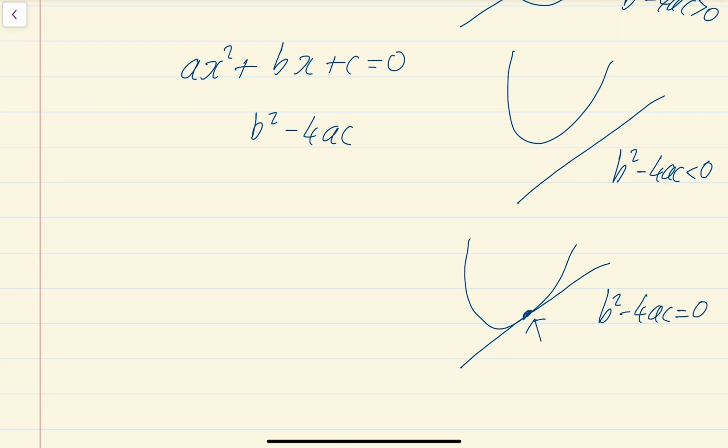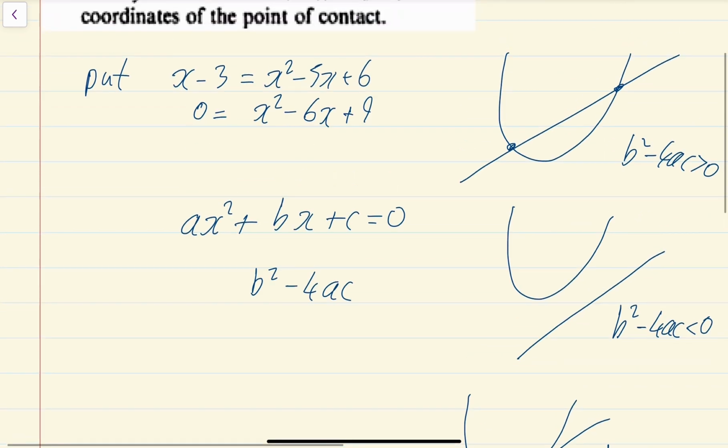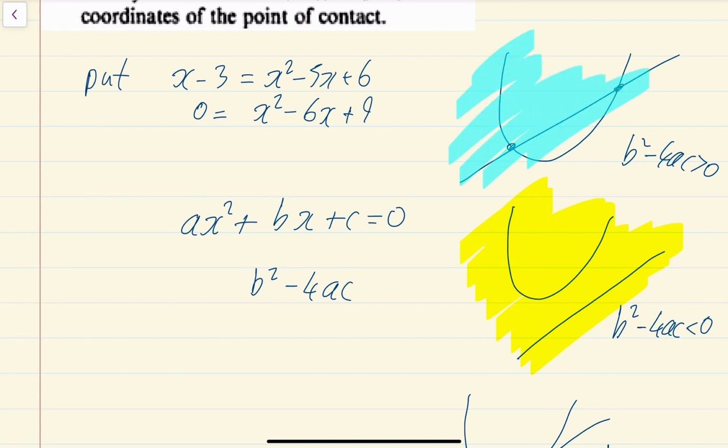And that gives you one repeated root, or one distinct root. The middle one gives you no roots because they don't meet. And this one gives you two distinct roots because it meets in two places.